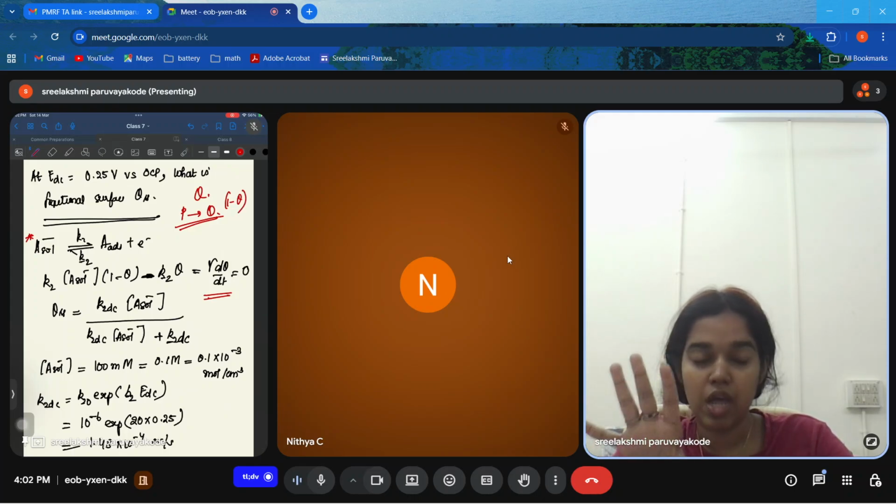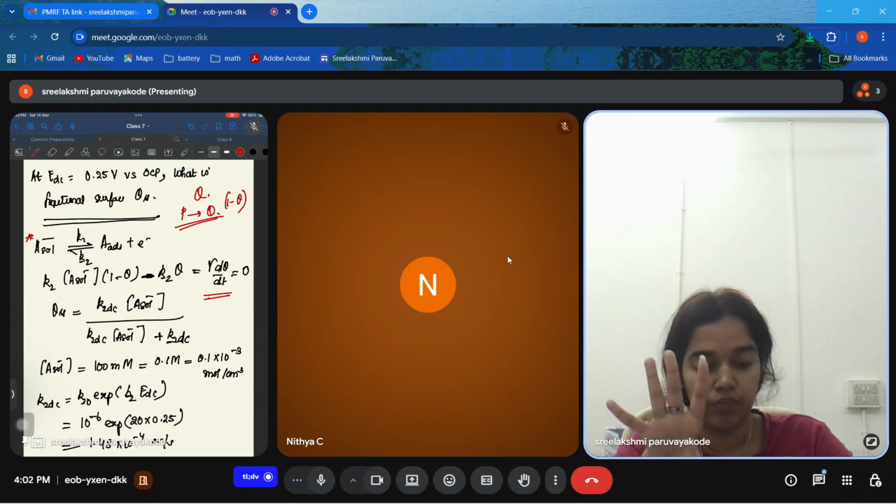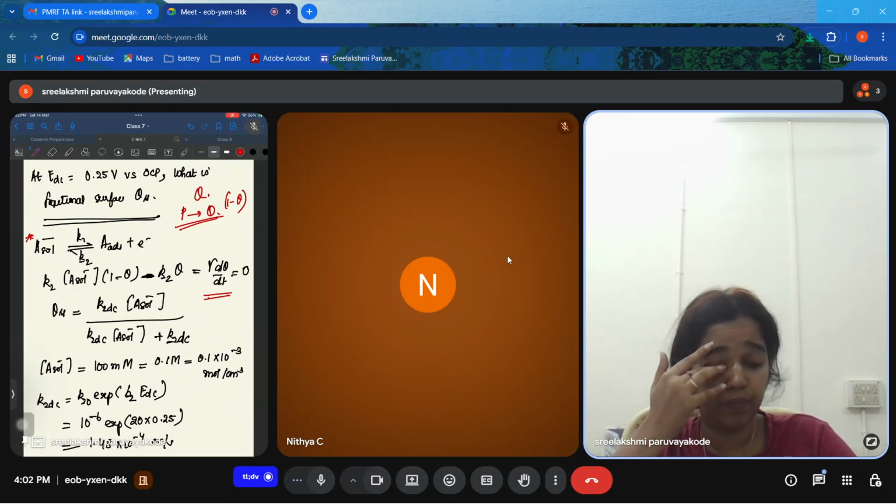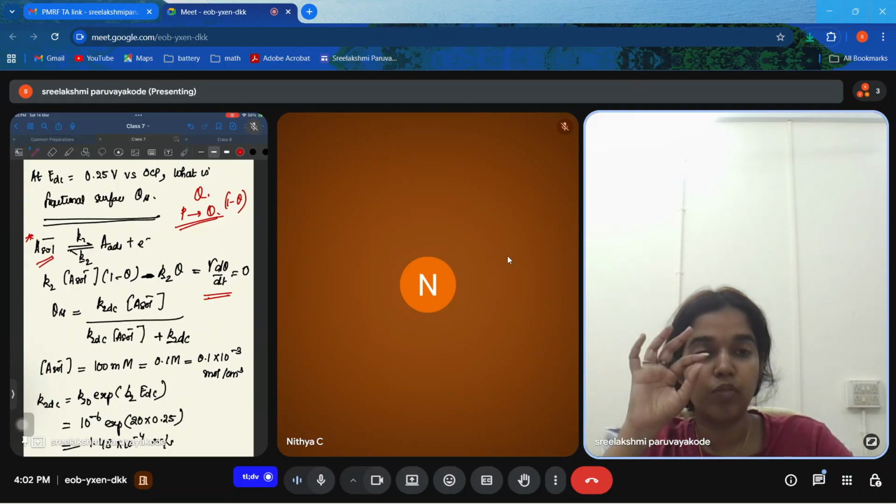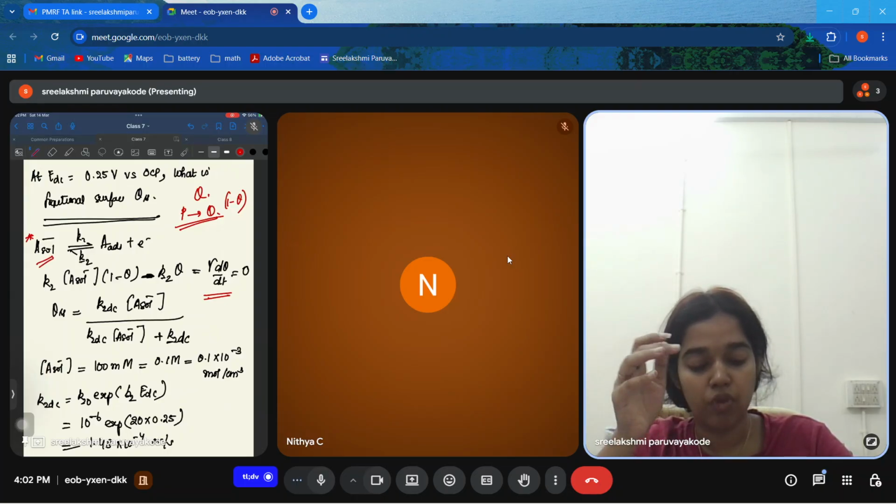Now, is that the only reaction which happens on that surface? No. Which is the other reaction? You have A solution giving A adsorbed, and the backward reaction, A adsorbed giving A solution. So this A solution reaction also progresses only on that part. That is the forward reaction, A solution giving A adsorbed, progresses only on that part where A adsorbed is not present.